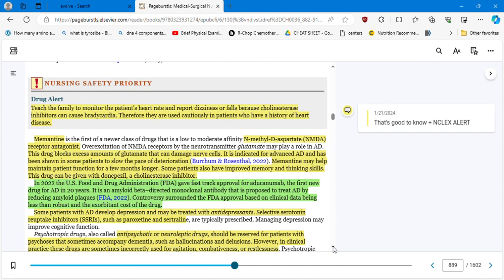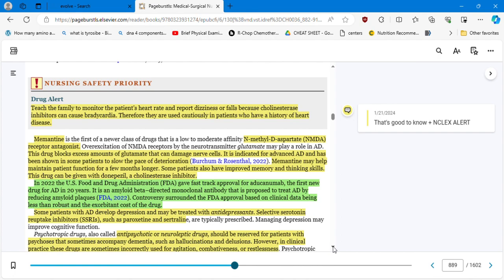It is indicated for advanced AD and has been shown in some patients to slow the pace of deterioration. So you are not going to give this on the early stage, okay? Memantine may help maintain patient function for a few months longer. Some patients also have improved memory and thinking skills.